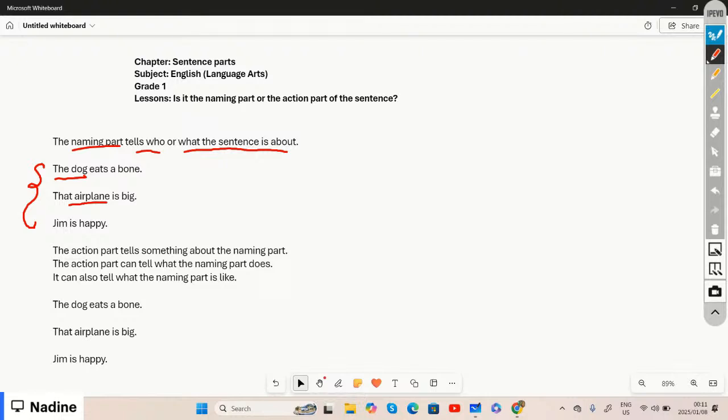Yes, but that is the whole sentence. Now it says Jim is happy, but we need to say who is doing the action within that sentence. Who is the person or thing that's doing the action?